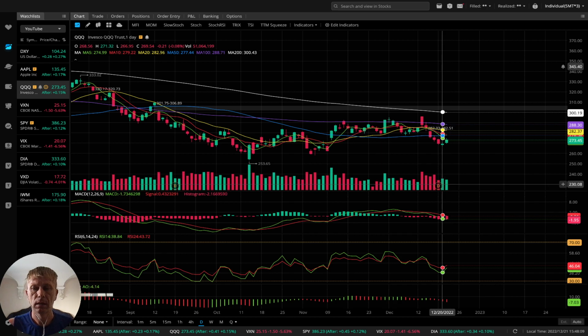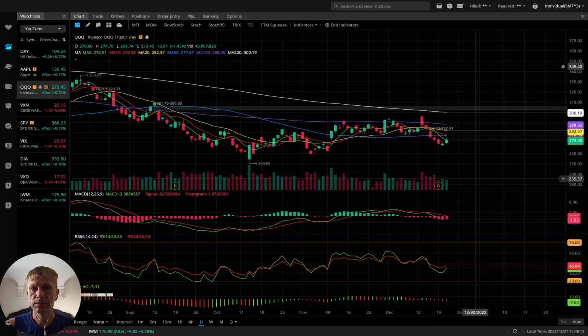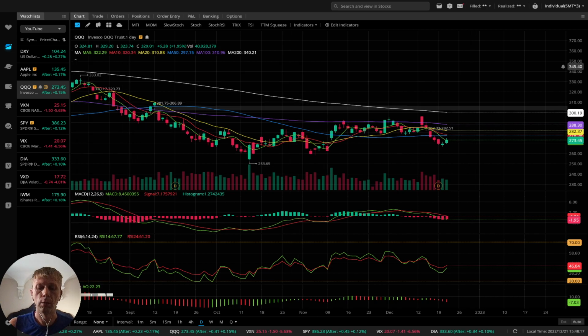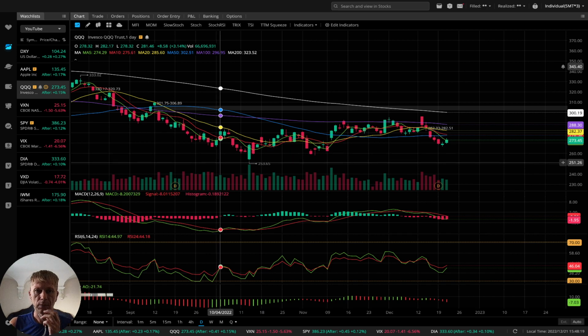But still, yeah, fewer players on the market. And that's why one huge stock, Apple, can move the whole market. Apple was up today like 3%, and it moved the Qs, S&P, they moved the whole market up.